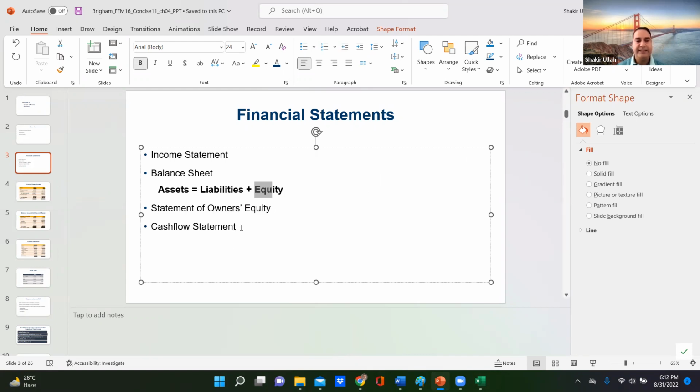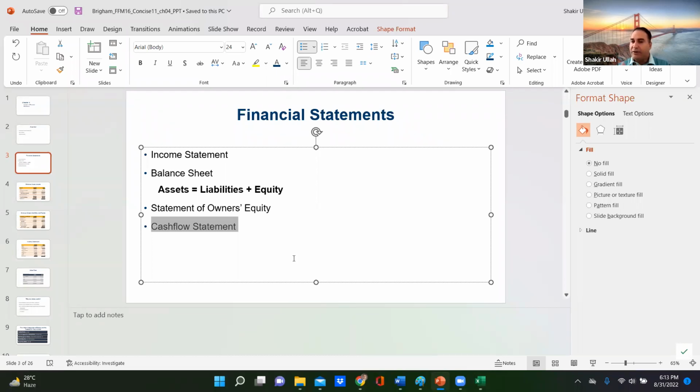Okay, and the final statement is the cash flow statement. This is another sheet of information where we portray information that tells us about the cash flow of the business. Where is the cash of the business coming from, and where is the cash going to?